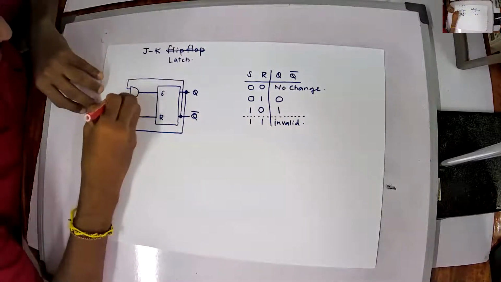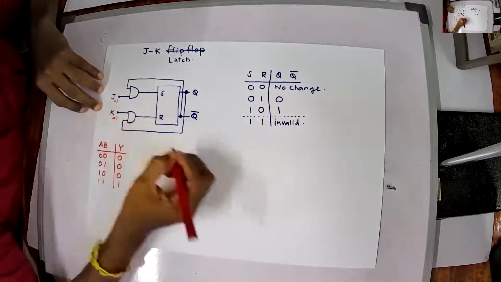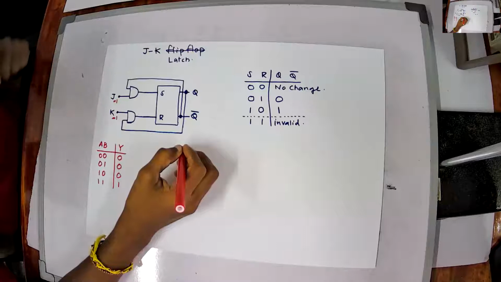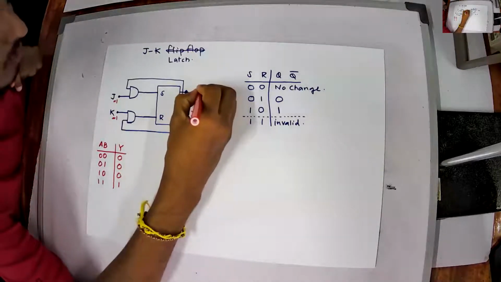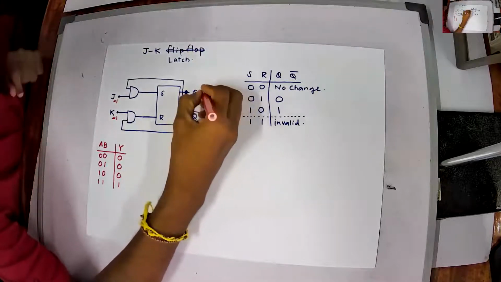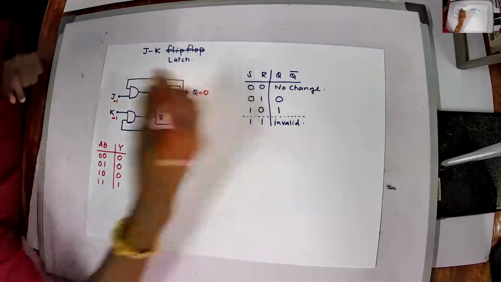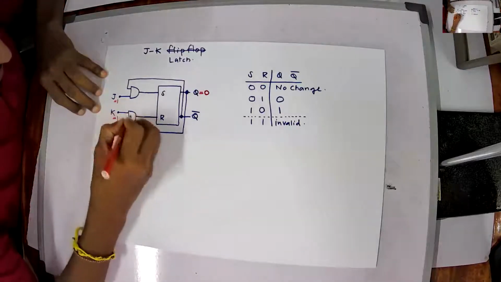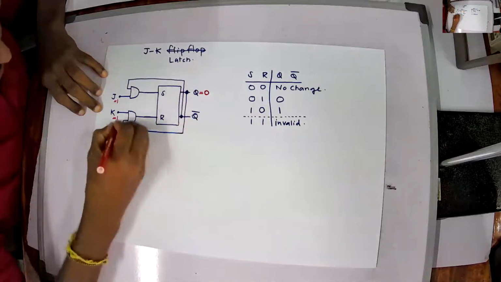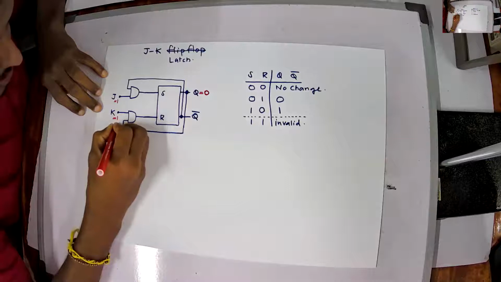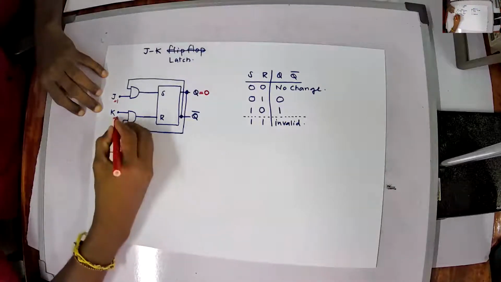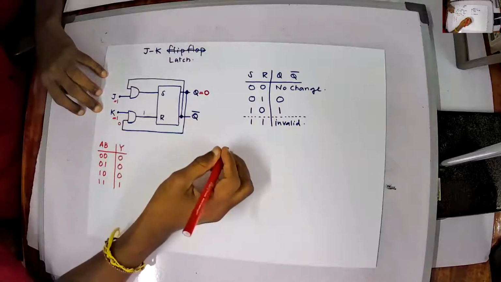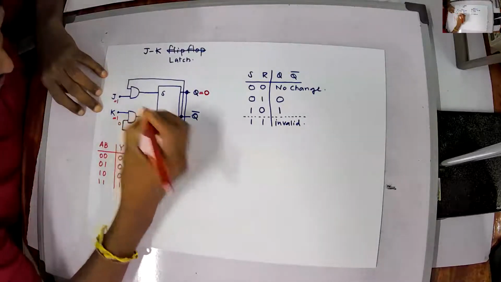If J equals 1 and K equals 1, and assume that Q equals 0 before this stage. With J equals 1, K equals 1 and Q equals 0, that 0 is fed back to the AND gate with K, so reset becomes 0.